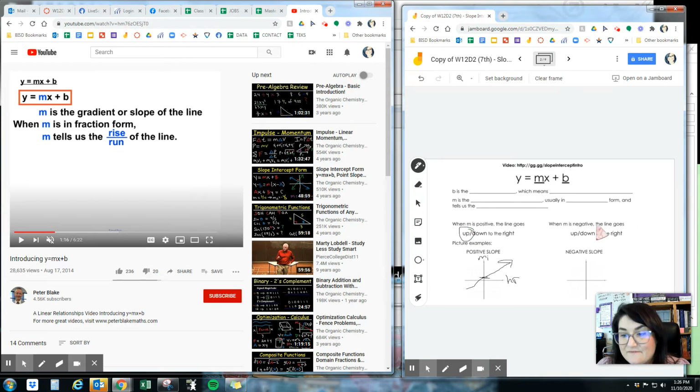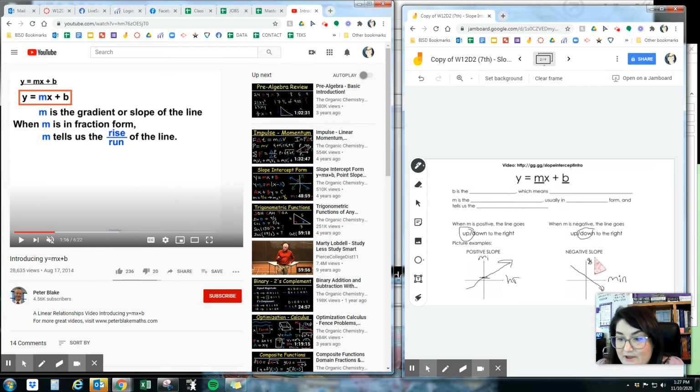When M is negative, the line is going to be going down to the right. So this would be a negative slope. One example that I can think of for a negative slope would be like, let's say you are draining a sink. So you have your sink that's filled with water.